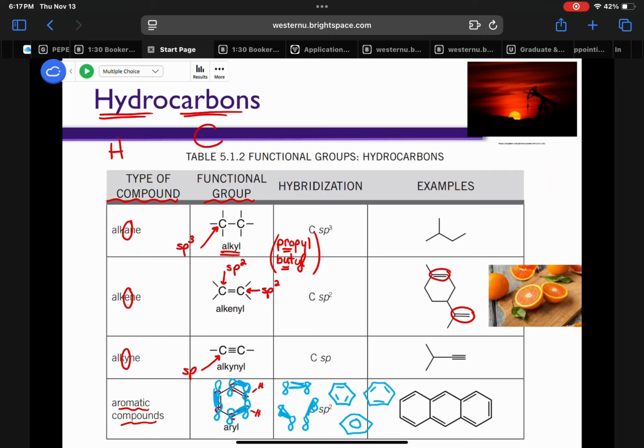If it's C6H6, then it's called benzene. That's a particular molecule. But if this double single pattern is found in a larger molecule, we call it an aromatic compound or an aryl group, A-R-Y-L. That tells you that we have that resonance, that electron sharing, and that changes its chemical and physical properties.